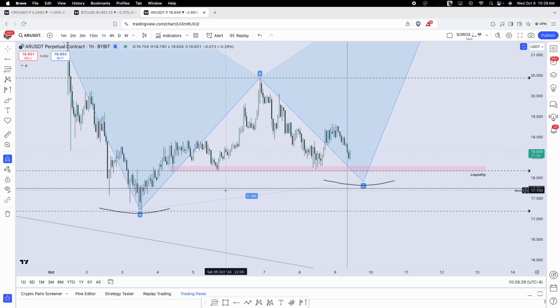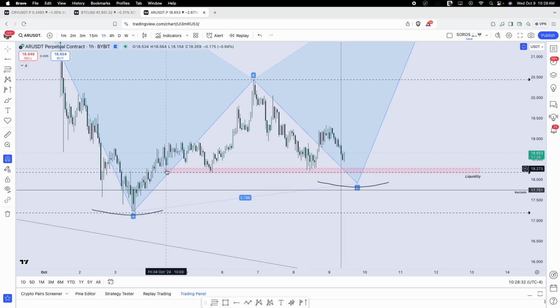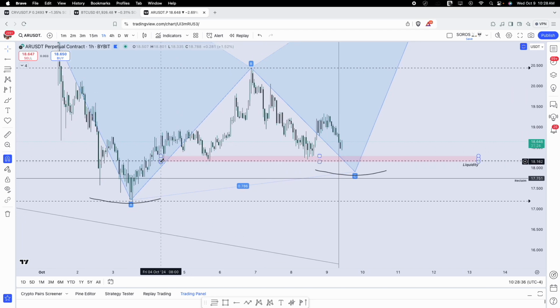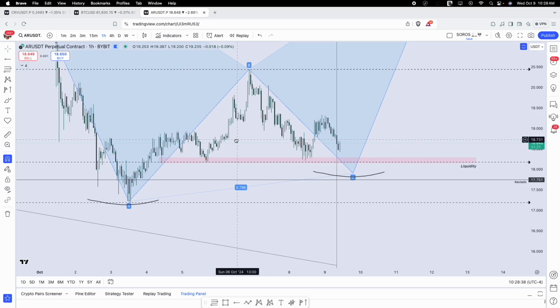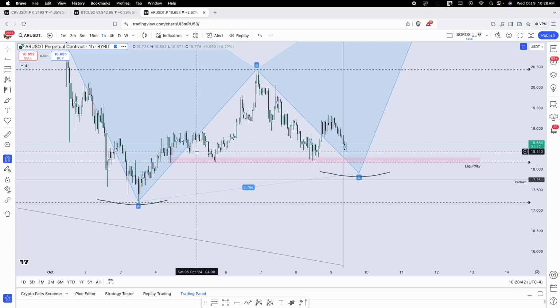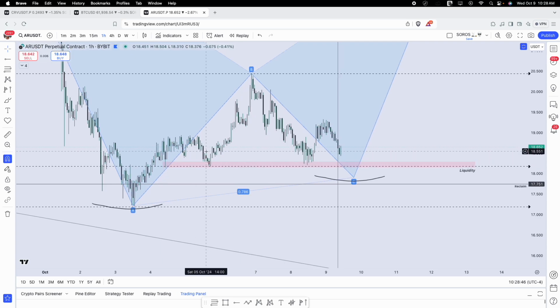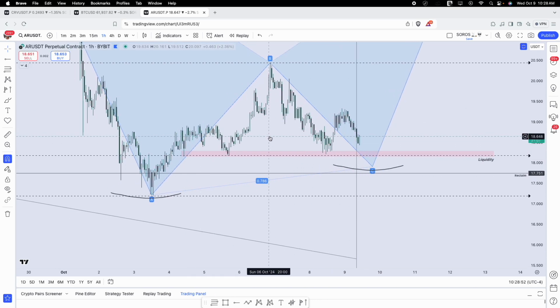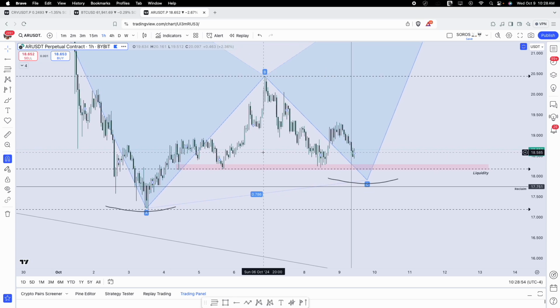Meaning how long did participants have to get in the long before actually moving up? So if they stall in a range and they give average retail participants too long to get in the long, then it's basically a footprint, because they're committing liquidity for the market maker to come back and take at a later date. So this is another example of time and price.